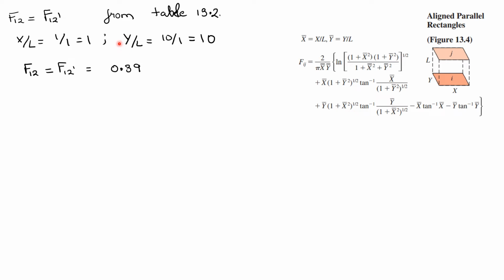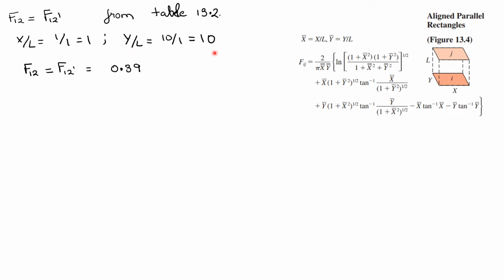Your y in this case is the length of the plate, which is given to be 10 meters, and L again is the distance between the collector and the heater, which is capital H, and it's 1 meter.